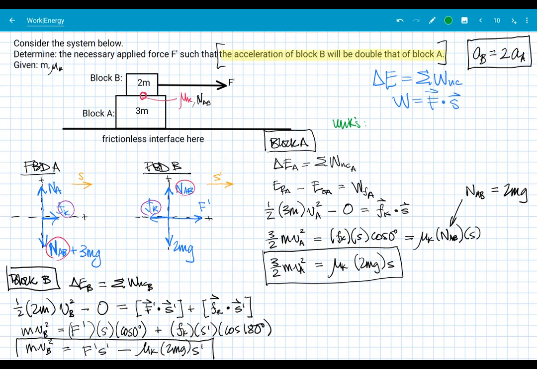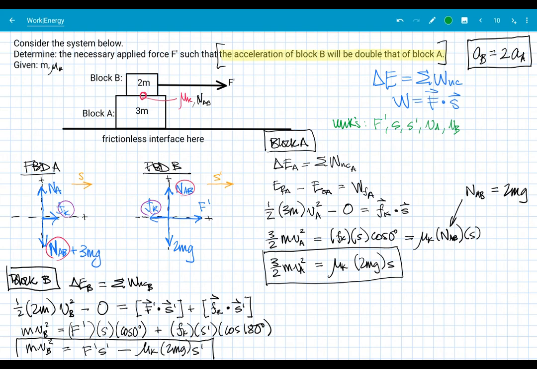I have the F prime, S, and S prime, VA, and VB still here. Okay, so I need to keep going.